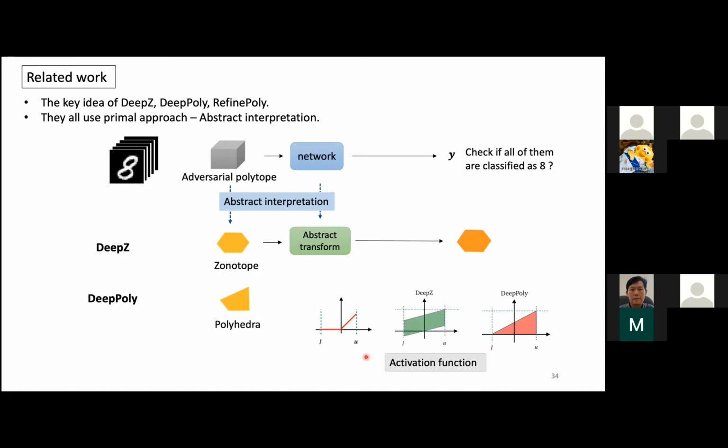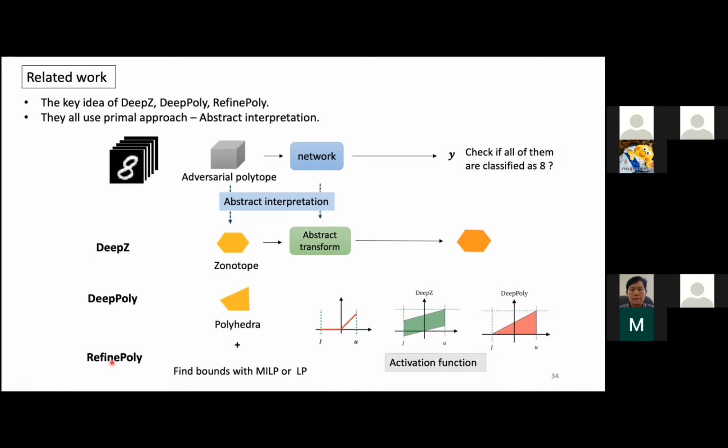In DeepZ and DeepPoly, they also use different convex hulls to envelope the ReLU function. In DeepZ, they use the parallelogram to envelope the ReLU function, and in DeepPoly, they use the right triangle here. So let's see RefinePoly.